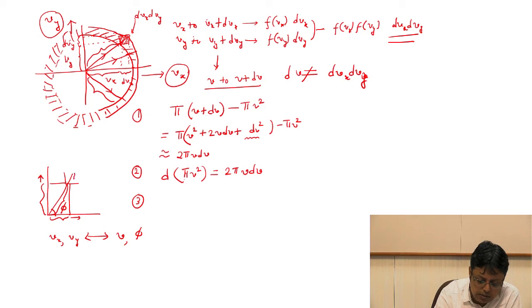So this is basically, you can think of dv, the small dv. What we are going to do is that we are changing vx to vx plus dvx and vy to vy plus dvy.